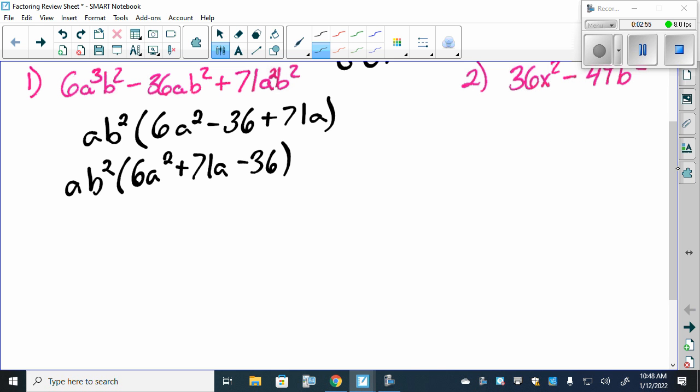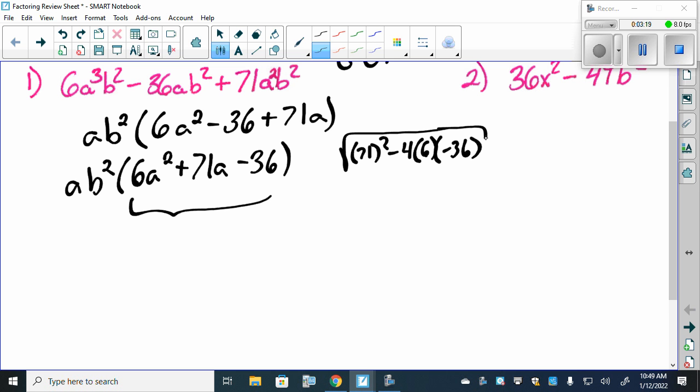Any questions on this so far? Now at this point, we can check to see if this is factorable, because it looks a little weird. If we check 71 squared minus 4 times 6 times negative 36, we do get a whole number, and that number is 64.629.